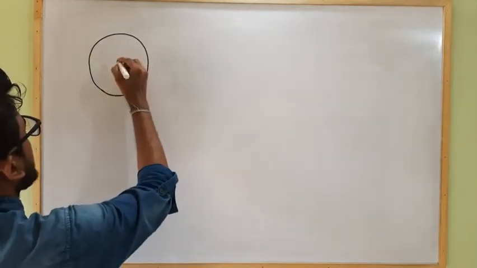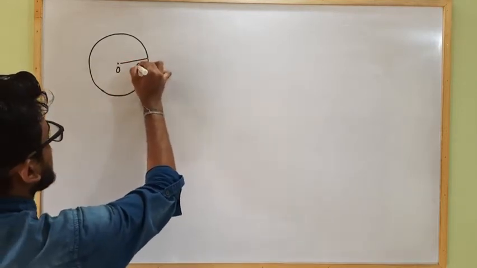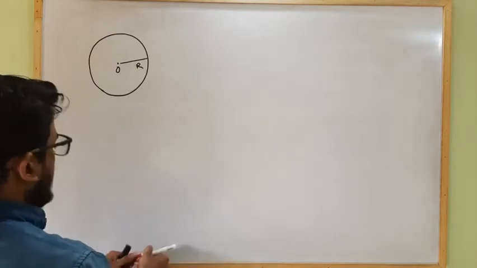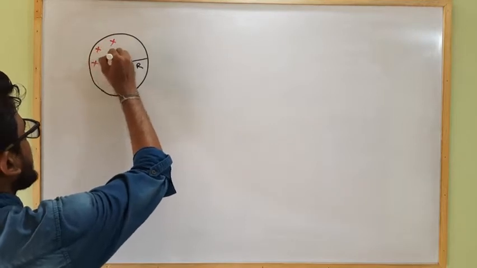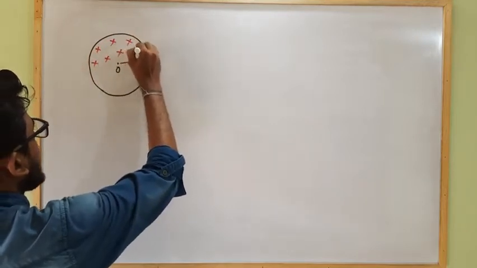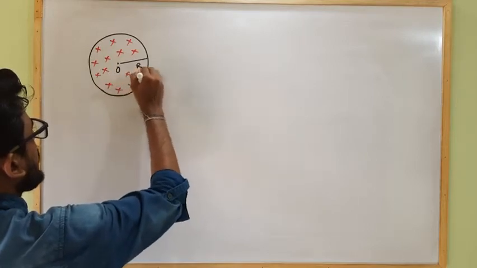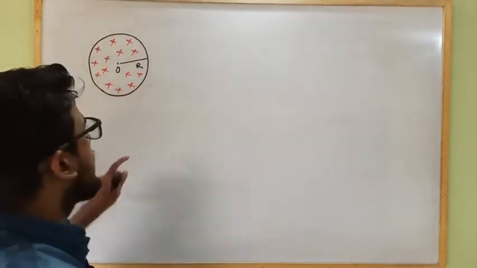This is center O and its radius is R, and current is passing into the plane. That means the conductor goes into the plane and extends up to infinity.